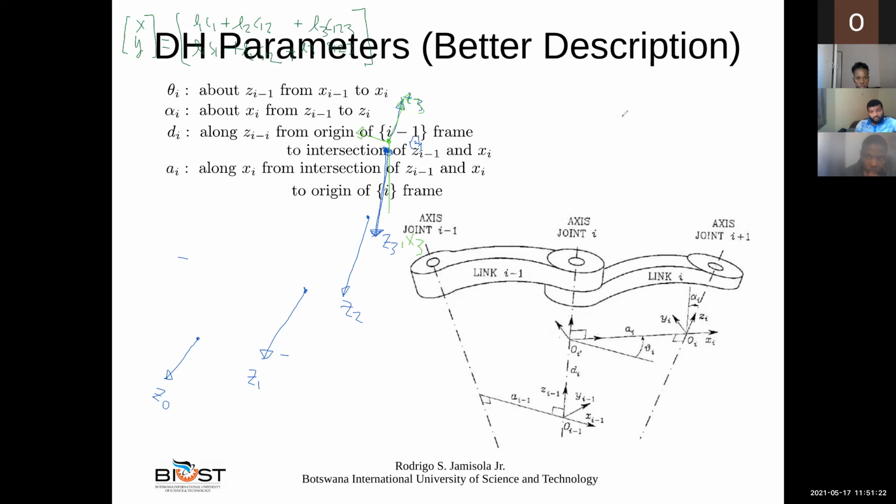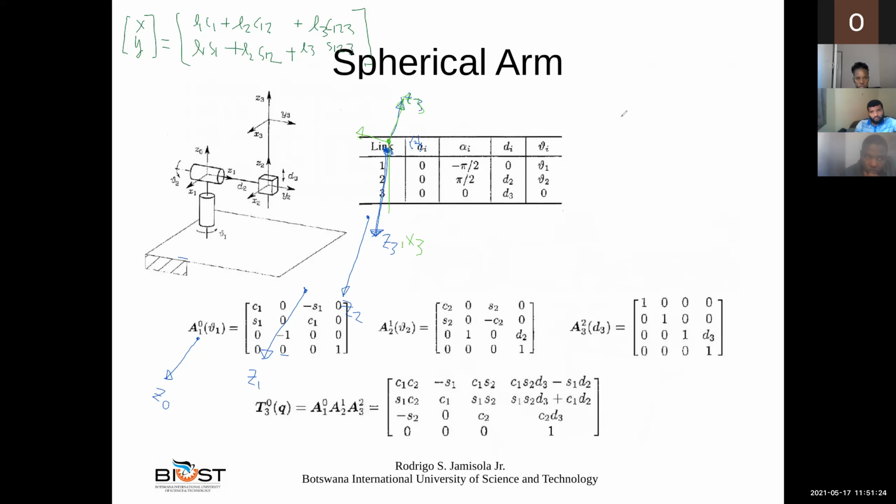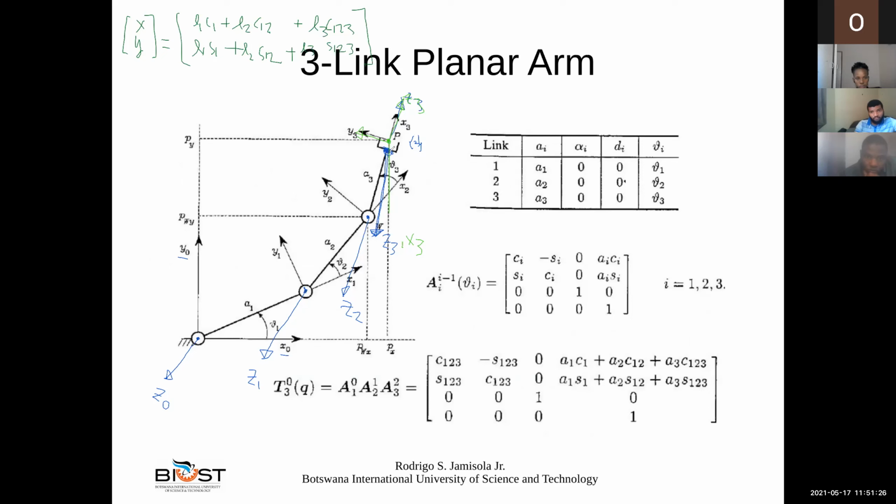Let's check the normality first. Is x3 normal to z3? Yes. Is x3 normal to z2? No, they are parallel. Parallel is not normal.